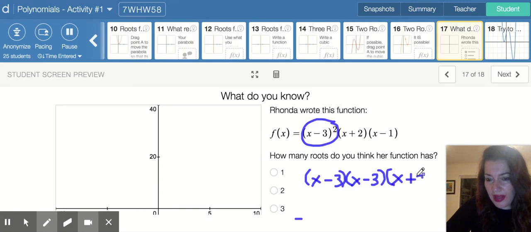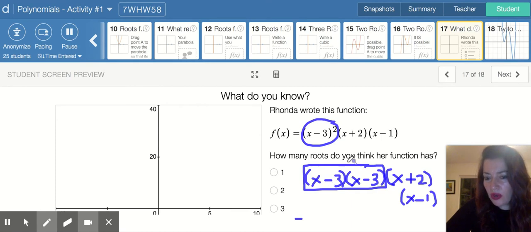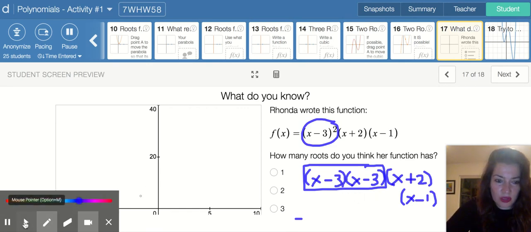And we're going to count it as a, I'm going to write x minus 1 here. So if you look at these factors, I actually have 4 factors, but this one here occurs twice. So we're not going to count it in our root as an extra one. We're going to call this as 1 double root and 2 other single roots. So this is a total of 3.